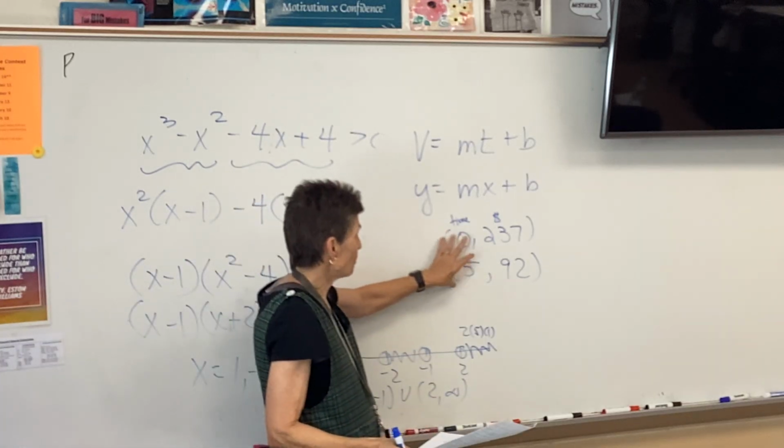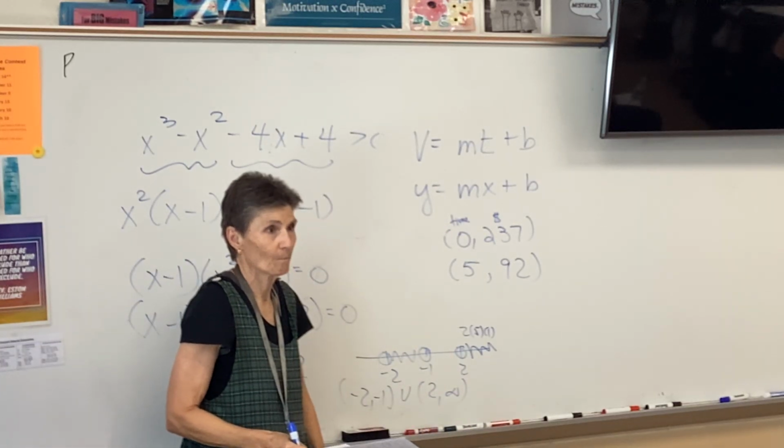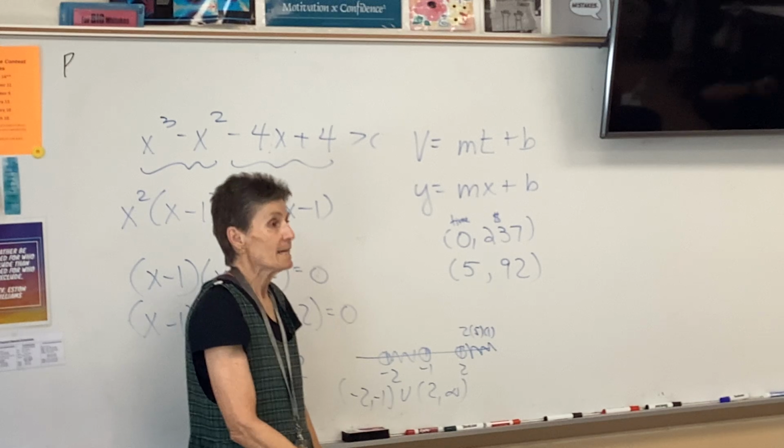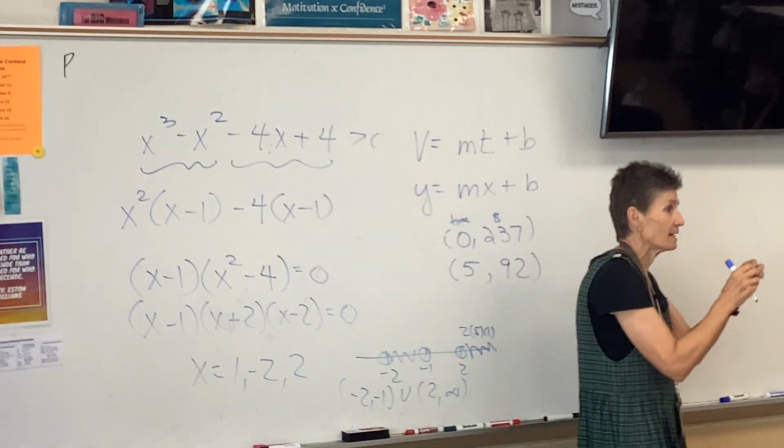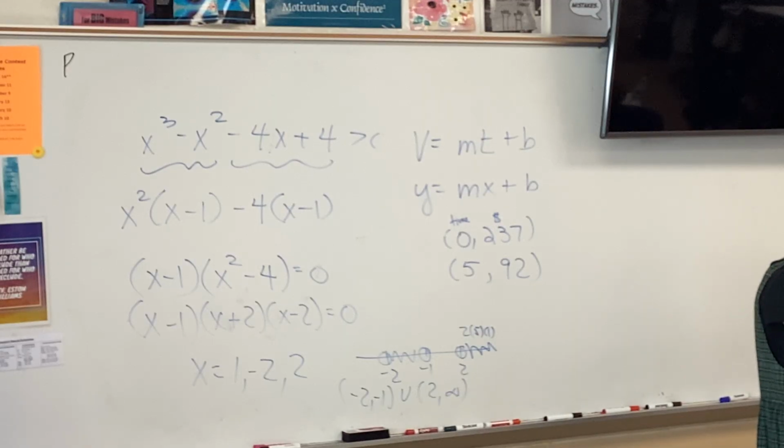Do those 2 points make sense to you? Yes, because at the beginning, when he walked in and bought the bike at the store, it was $237. After 5 years, it's down to $92.